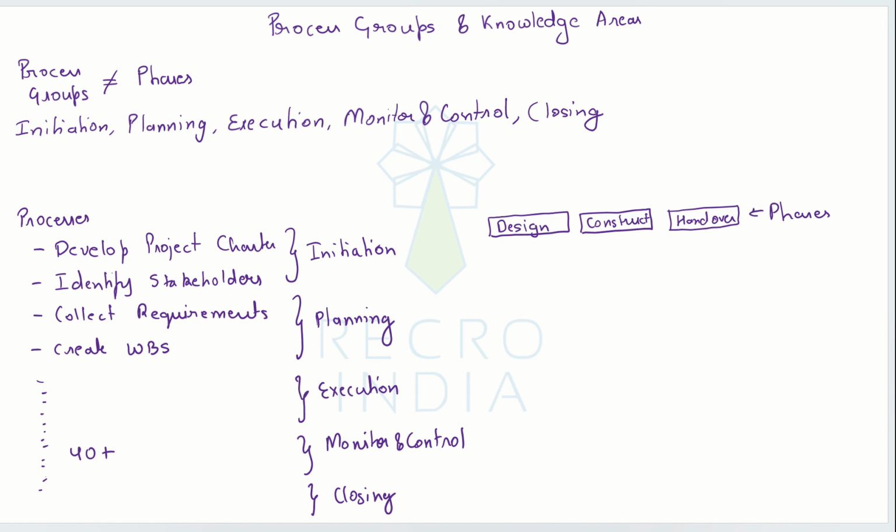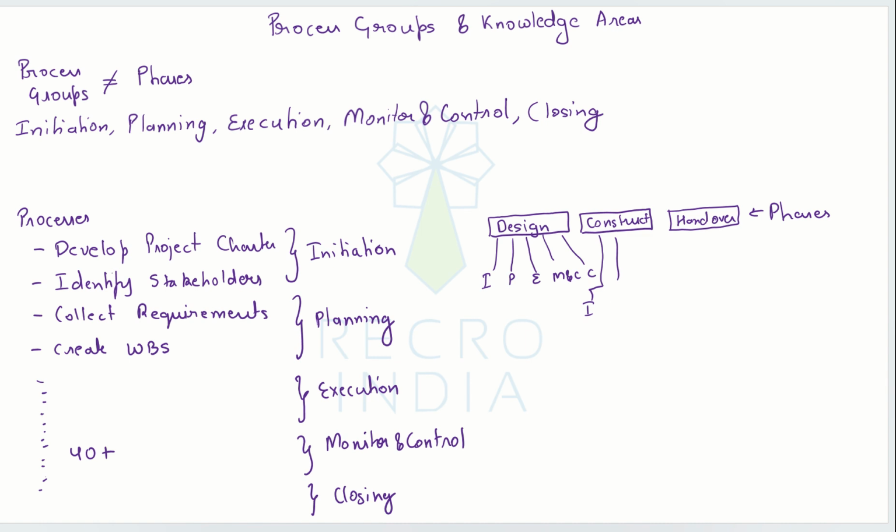When it comes to a phase, we have to initiate that phase, plan that phase, execute that phase, monitor and control that phase, and then close the phase. And this repeats for every phase.